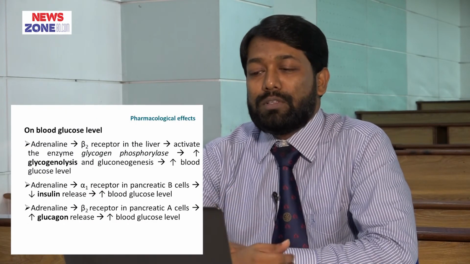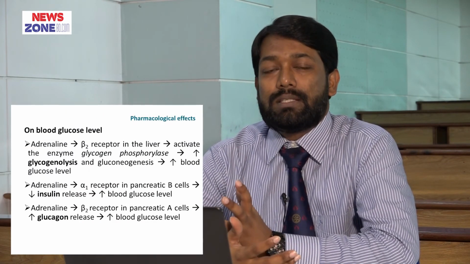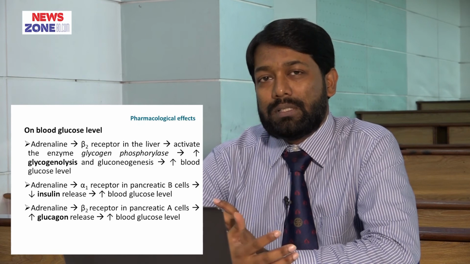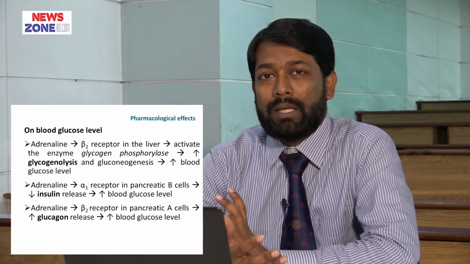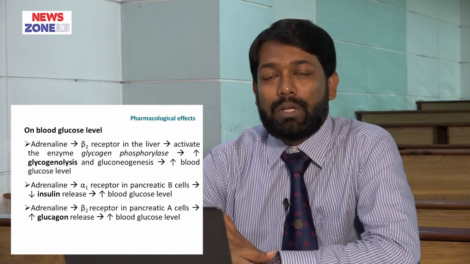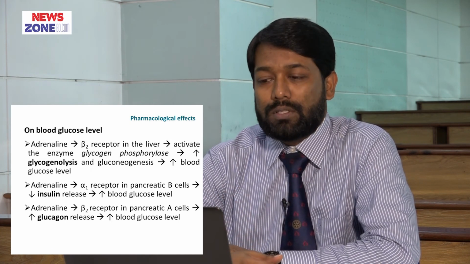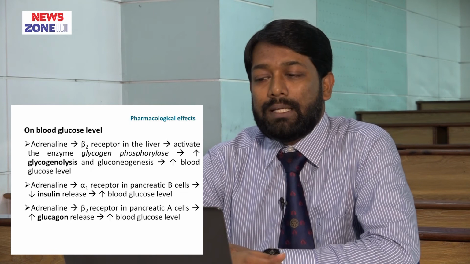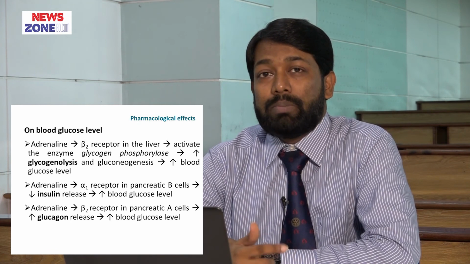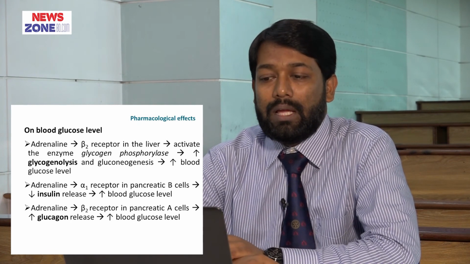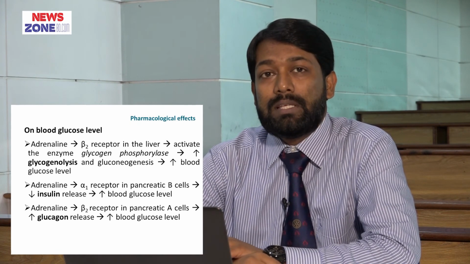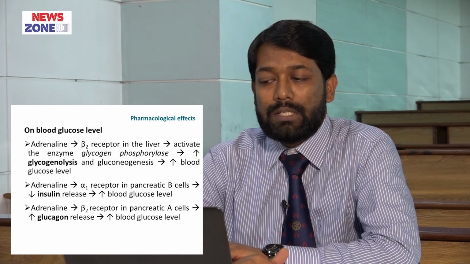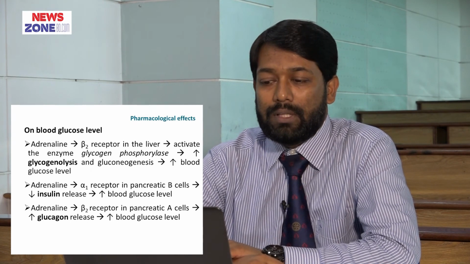Also, on blood glucose level, actually how does adrenaline or similar drugs increase blood glucose level and help in case of hypoglycemic shock or other kind of shocks? Adrenaline acts on the beta 2 receptors in the liver, activates the enzyme glycogen phosphorylase, increases glycogenolysis and gluconeogenesis, increases blood glucose level.